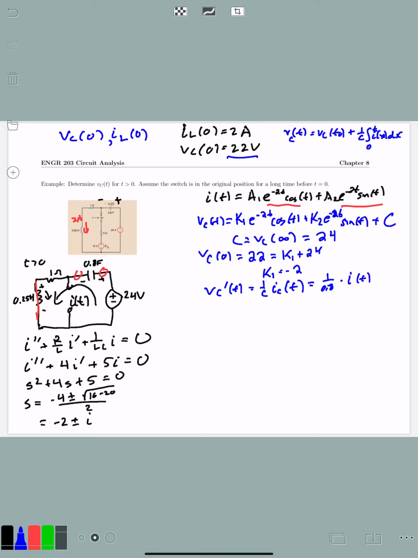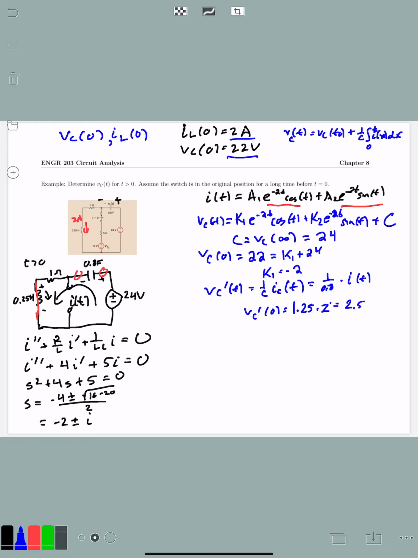And so that would then be VC prime of 0 is 1.25 times I of 0. I of 0 we said was 2 amps. So we're going to get 2.5 here.